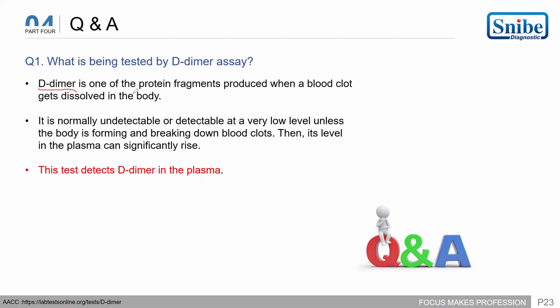D-dimer is one of the protein fragments produced when a blood clot is dissolved in the body. It is normally undetectable or detectable only at very low levels when the body is forming and breaking down blood clots. Its level in the plasma can rise significantly, and then you can use this test.